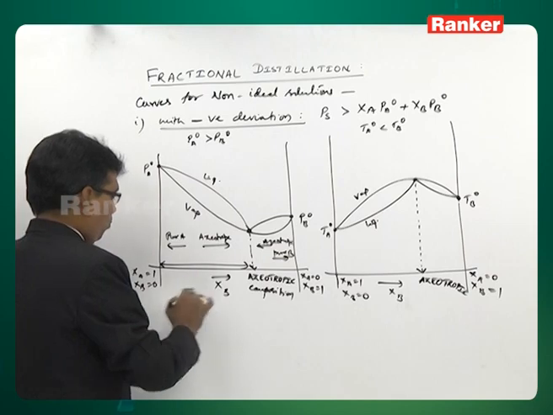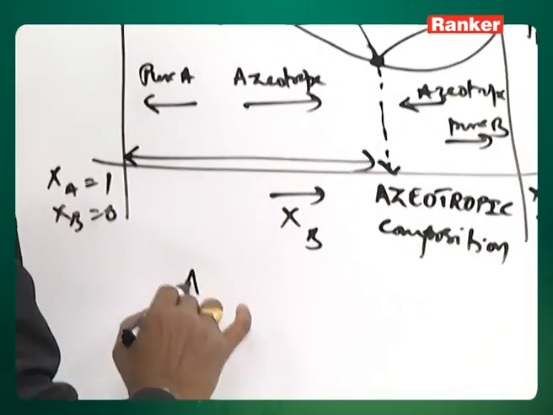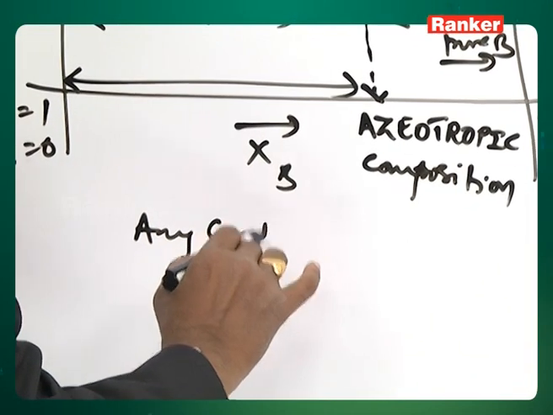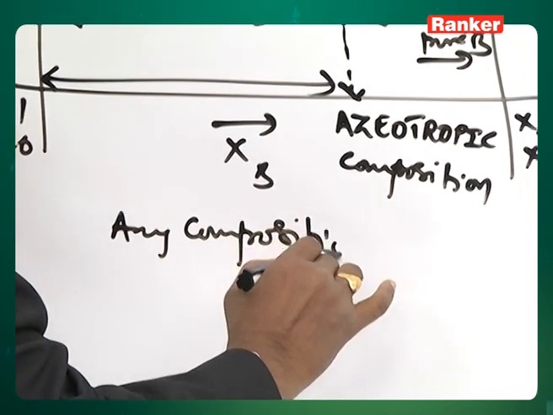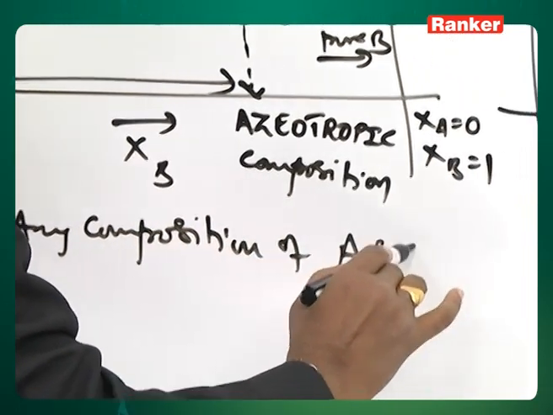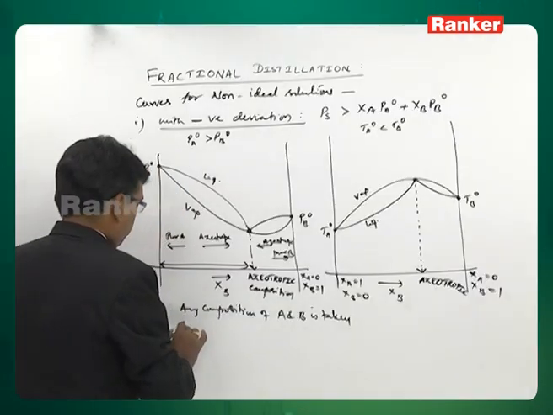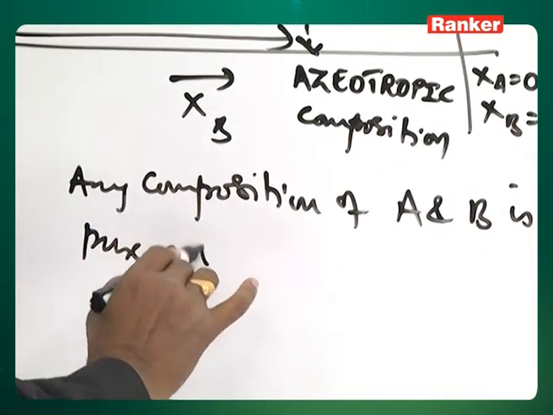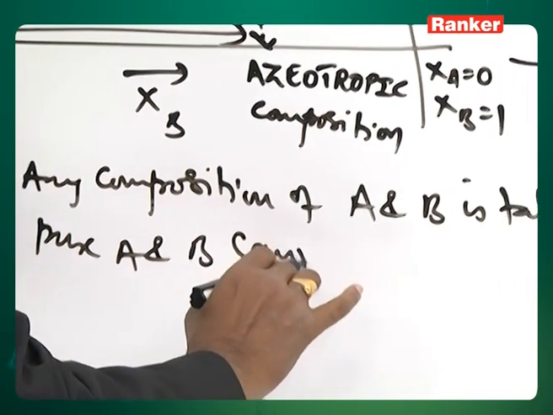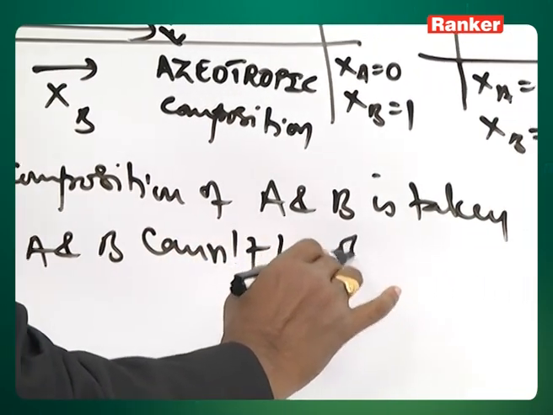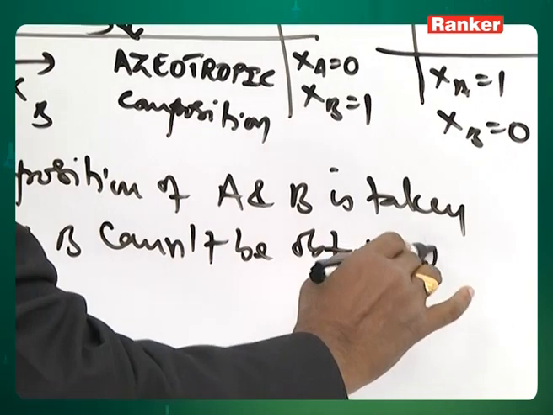So, finally the meaning is that for any composition of A and B taken, pure A and B cannot be obtained by fractional distillation.